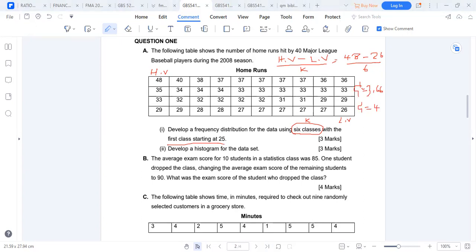So 25, we're going to use the class width. So this is 25 plus the class width, which is supposed to be what? 4. But if it's inclusive, if we want to add this, we add a minus 1.